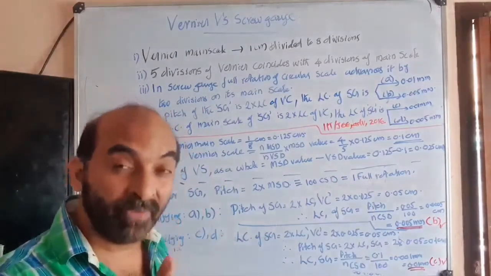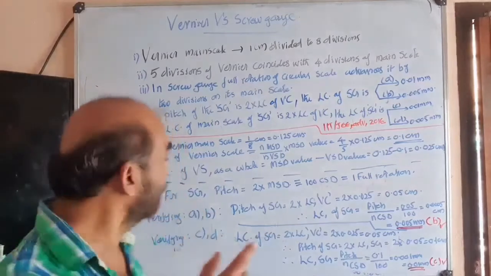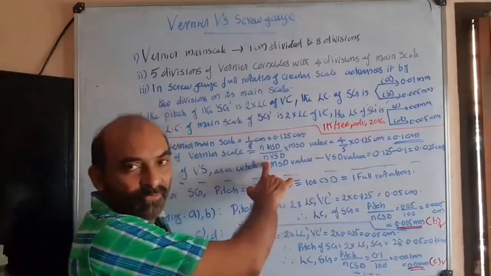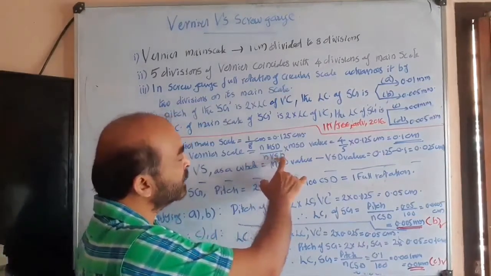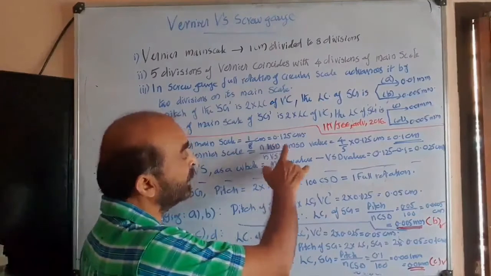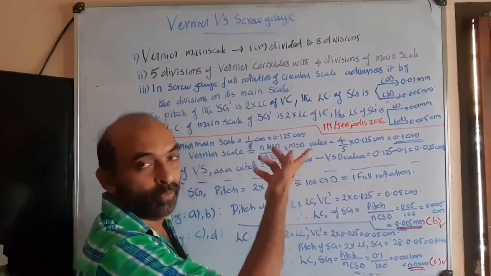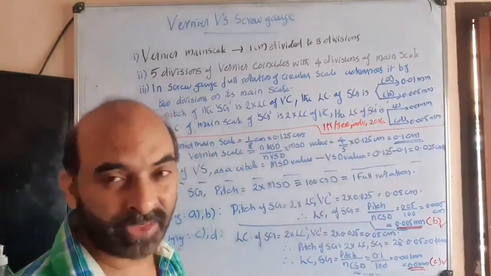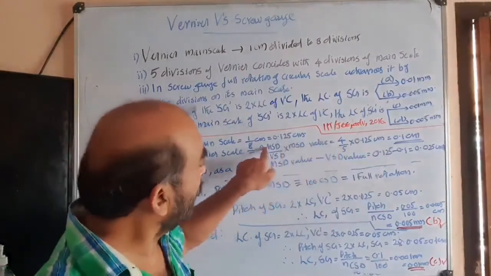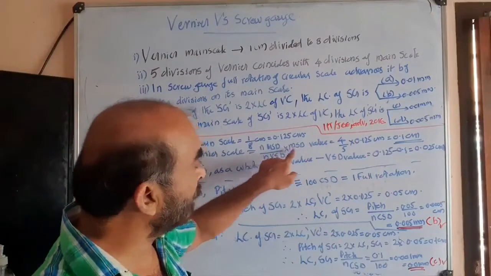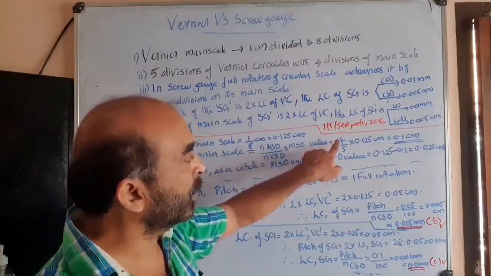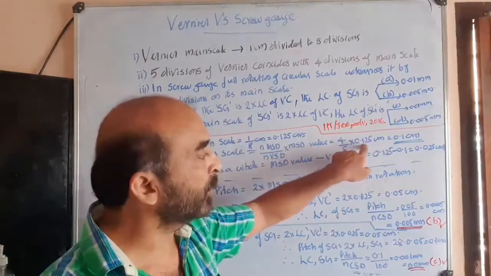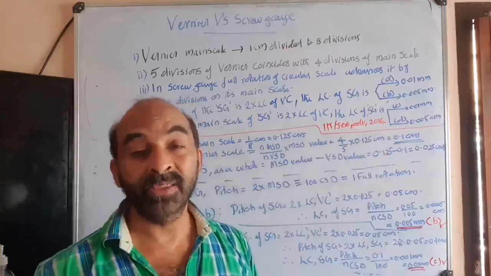In that case, 1 vernier scale division is how much? I am writing the general equation first: N vernier scale divisions equal N minus 1 main scale divisions. So 1 VSD is the main scale division length times 4 by 5, that is, 4 MSD divided by 5 into 0.125, which gives 0.1 centimeter.